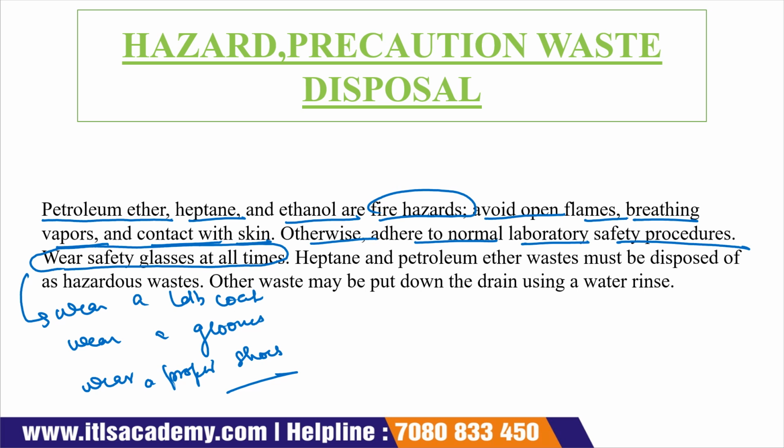So these are the safety equipment that we have to wear. Heptane and petroleum ether waste must be disposed of as hazardous waste. Other waste may be put down the drain using a water rinse. So these are the hazard precaution and waste disposal slide.